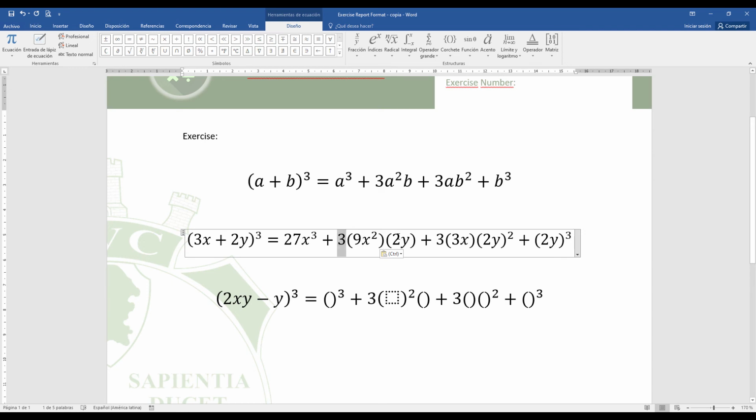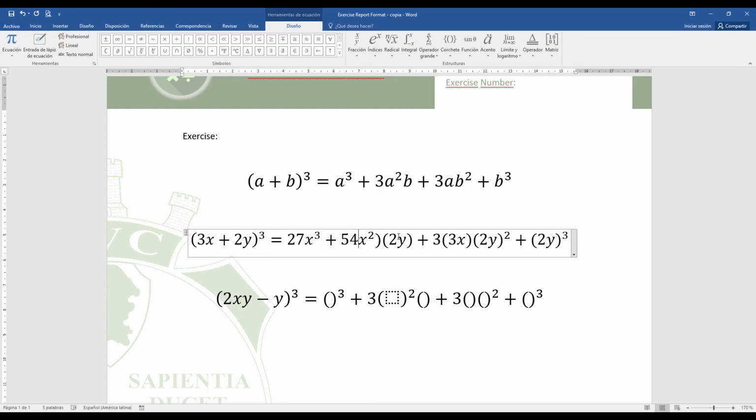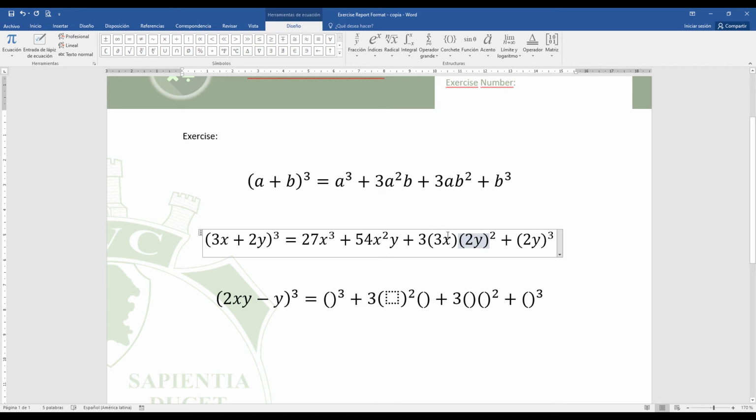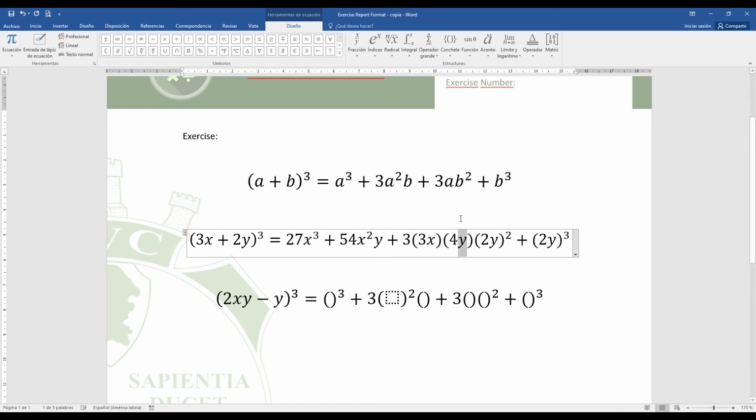This is 54x squared y. And here again you need to do the exponent first, so this is 4y squared.